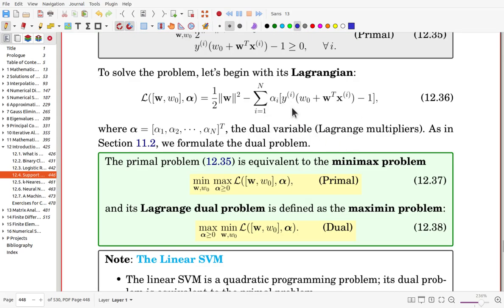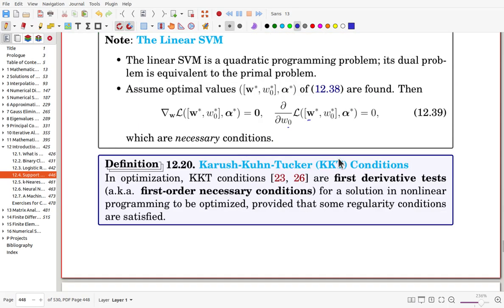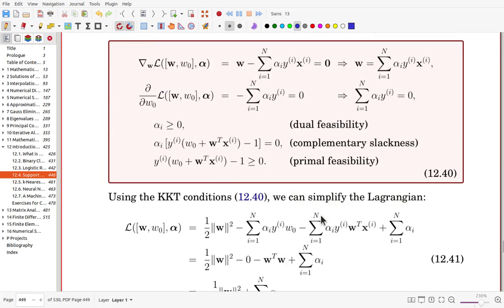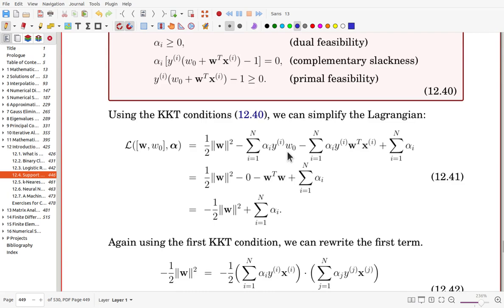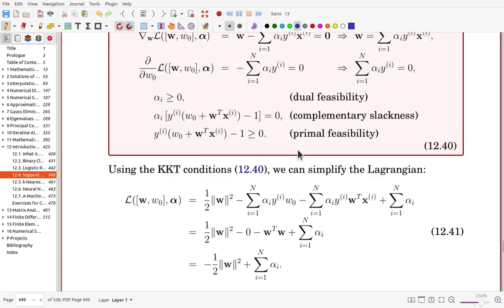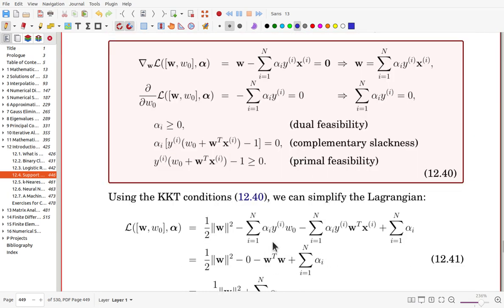Here we multiply and spread out, so that is exactly this one. Now, from the KKT conditions, we know that W0 is simply multiplied by that term, so it must be 0.